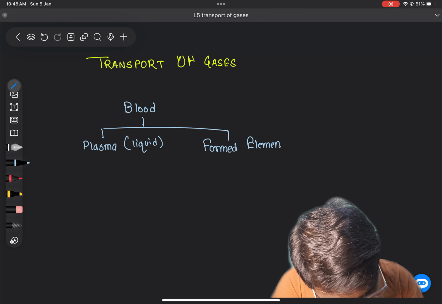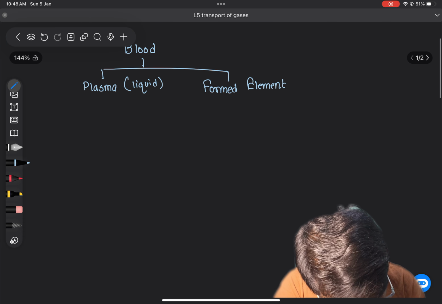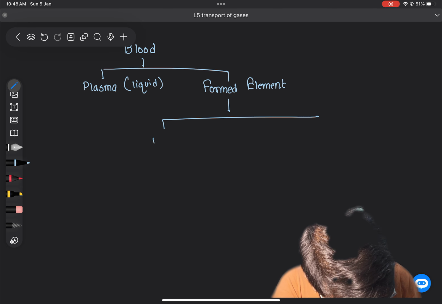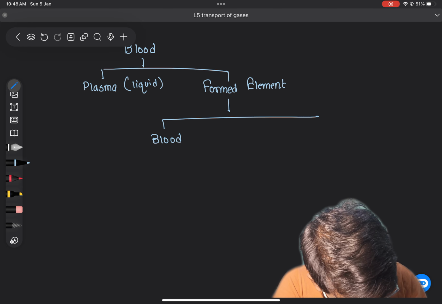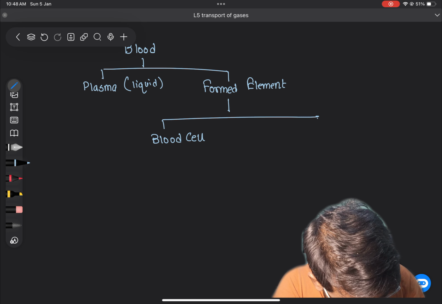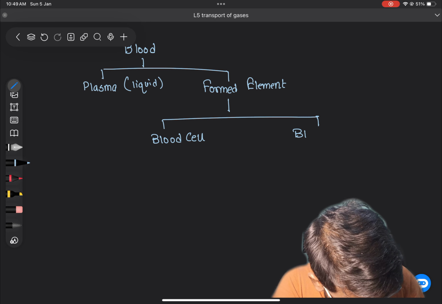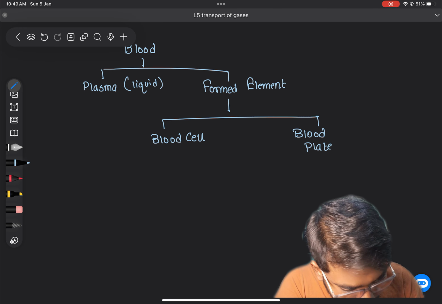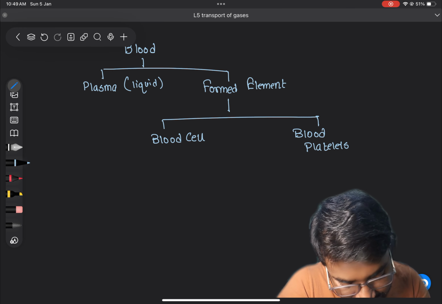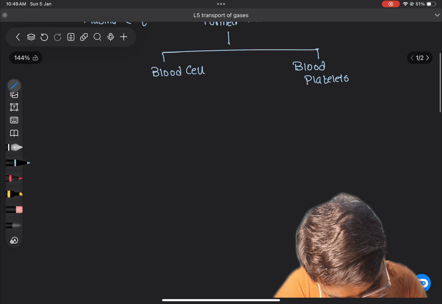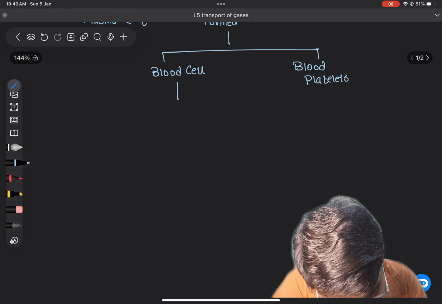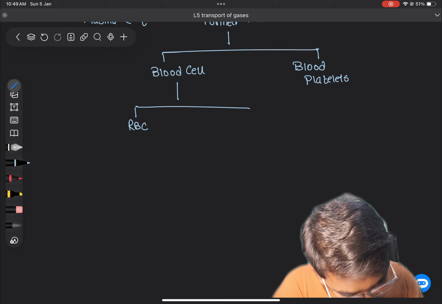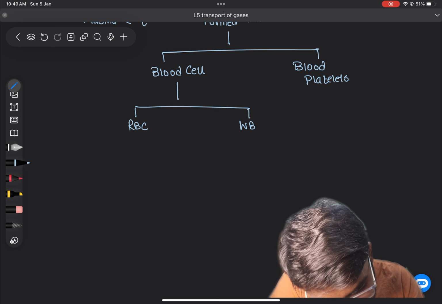The formed elements are blood cells and blood platelets. The blood cells consist of RBC and WBC.